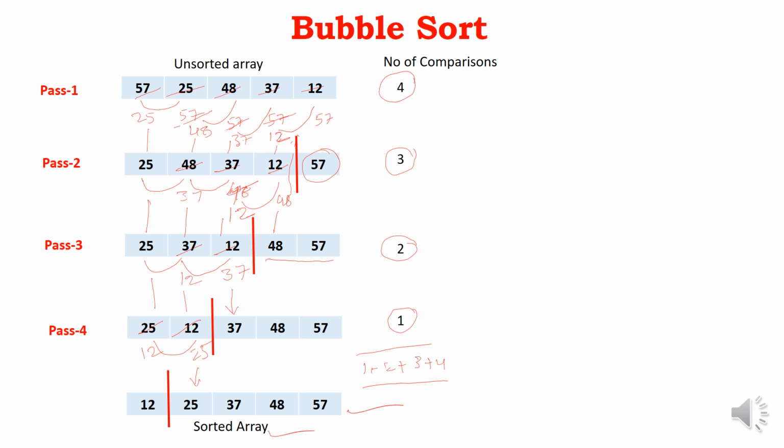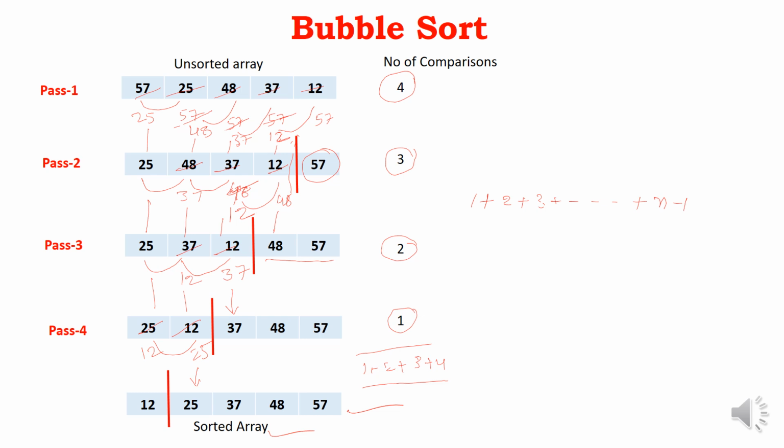3 plus 4. If an array consists of n elements, the total number of passes will be n minus 1 and the total number of comparisons will be 1 plus 2 plus 3 plus, and so on, up to n minus 1.